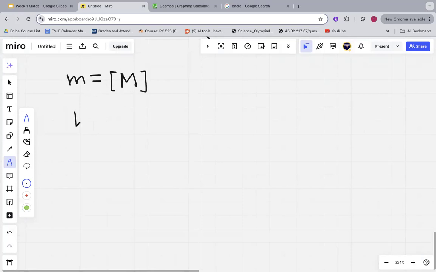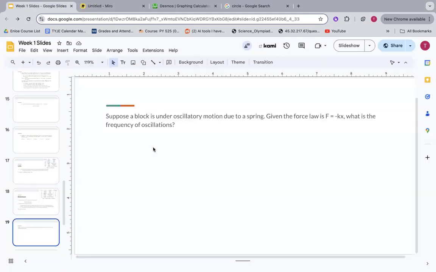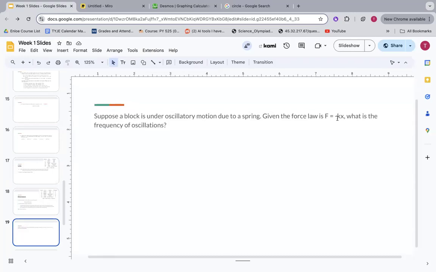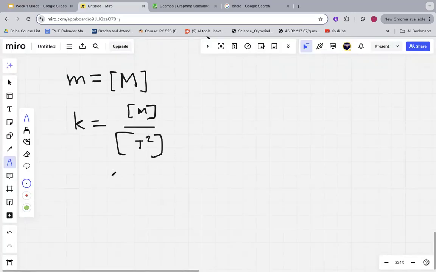Then we have K. And I'm not going to go over how we get this, but this K will have units of mass divided by time squared. And the way we get that is we have to know the units of force and then divide by the units of distance to get this K units. And then we have the units of frequency, which I'm going to use omega for, and that's 1 over time.